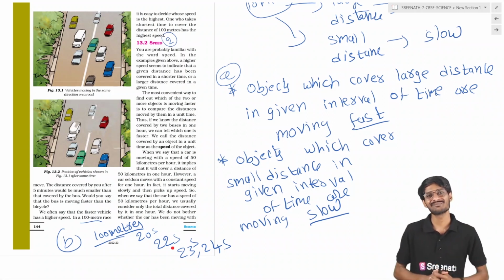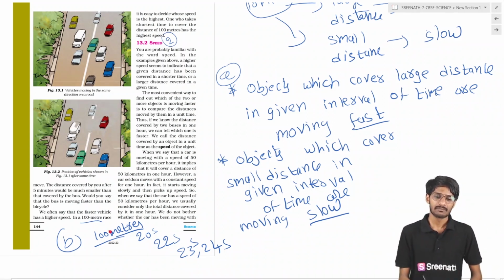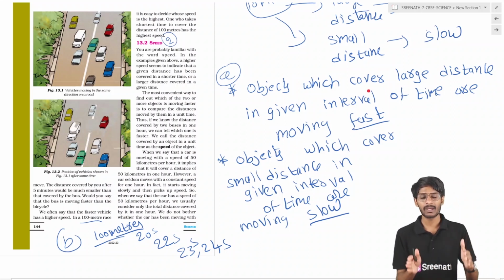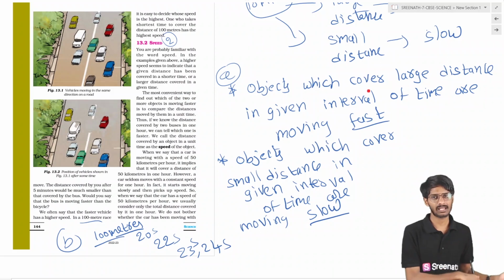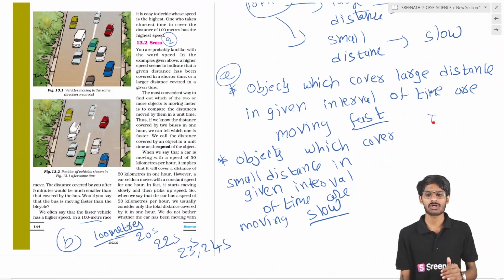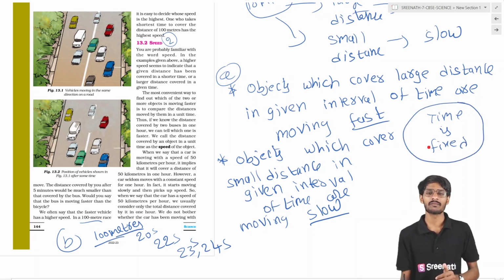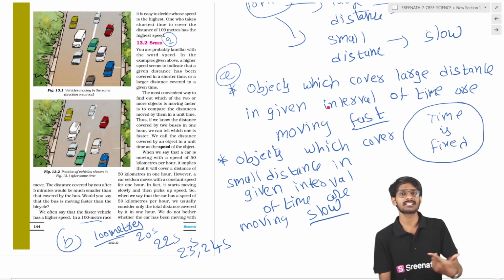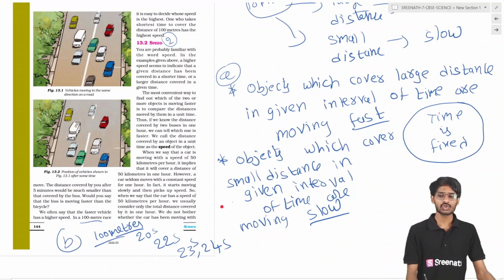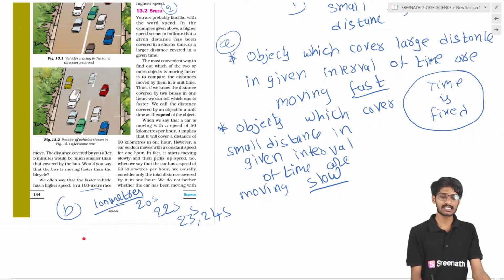This is so simple, students. In the previous case we decided by comparing the distance, how much distance they are traveling. In this case time is constant, time is fixed. Whenever time is fixed, whichever covers the larger distance has the largest speed. In this case distance is fixed.